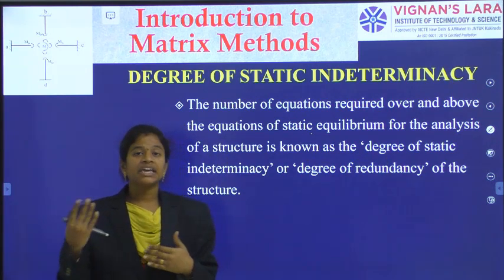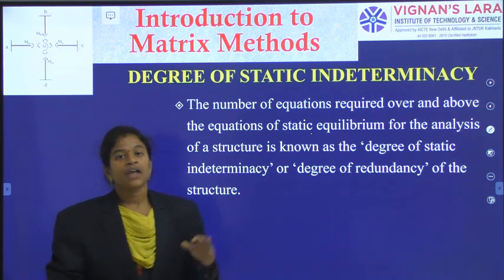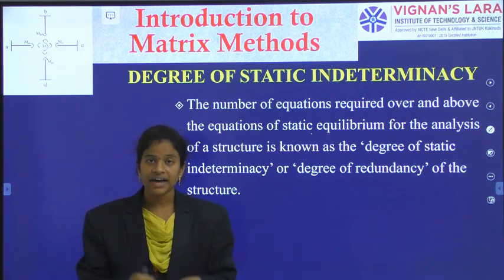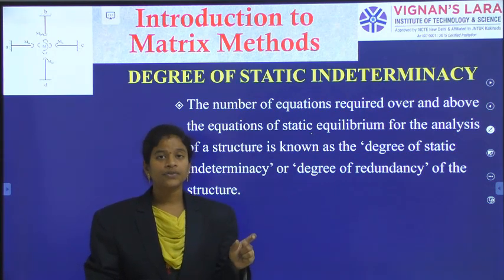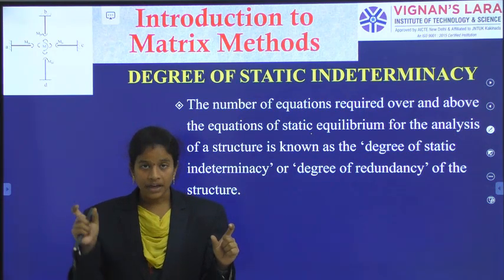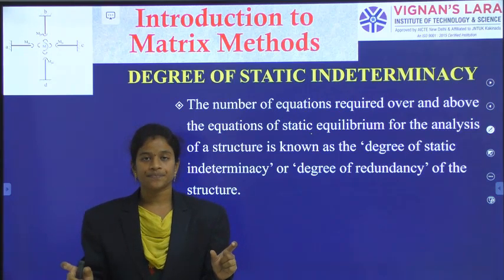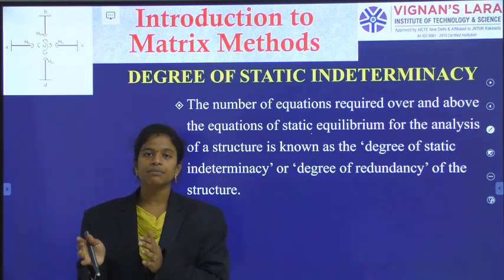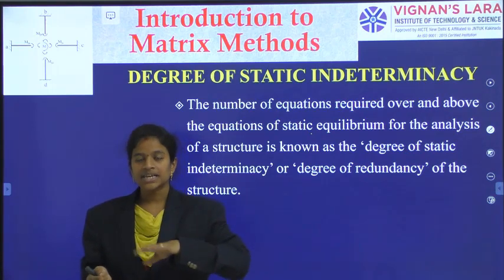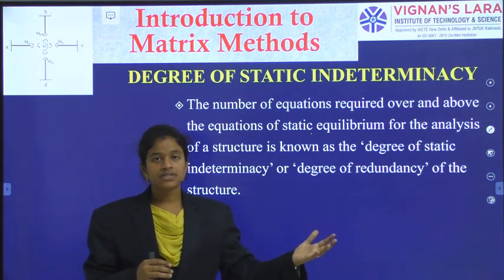So, how many equations required or how many unknowns are there over the number of equilibrium equations available? The number of equations required over the number of available equilibrium equations. I am having the basic equilibrium equations sigma H, sigma V, sigma M. Over these three, still any unknowns were there.